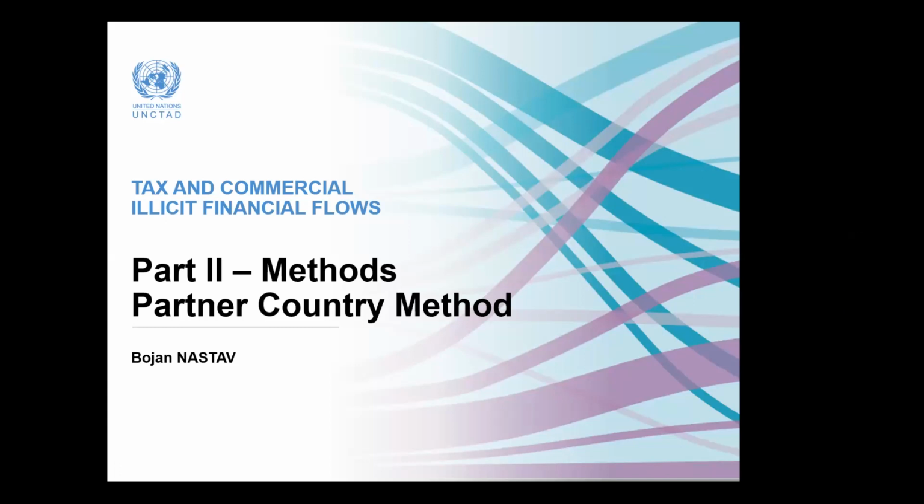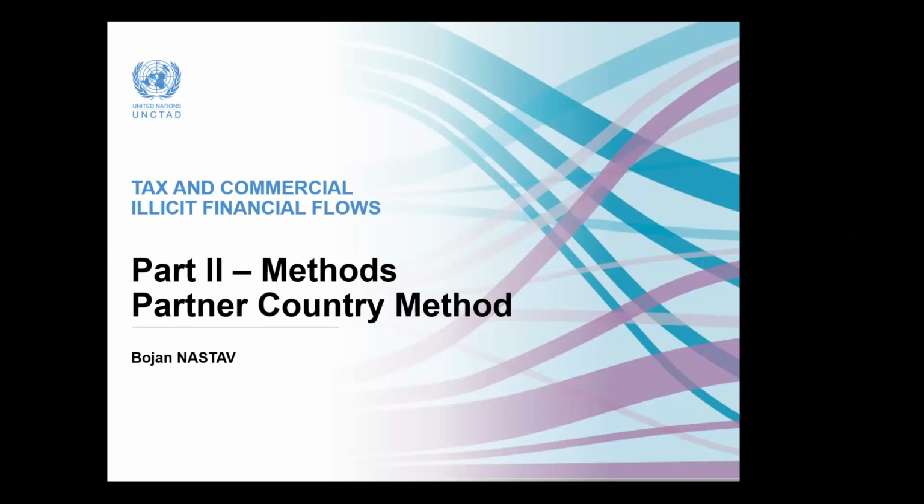To that end, we have included two of the methods in the guidelines. The one we'll be looking into today, the partner country method, and the other one for Monday, price filter method. Those are the methods that have been applied in various cases using, to some degree, different data sources, and also being differently administered or processed in terms of getting to the results.